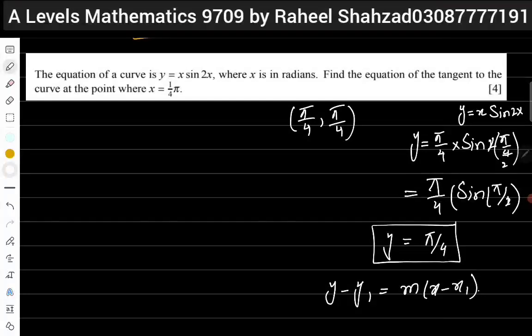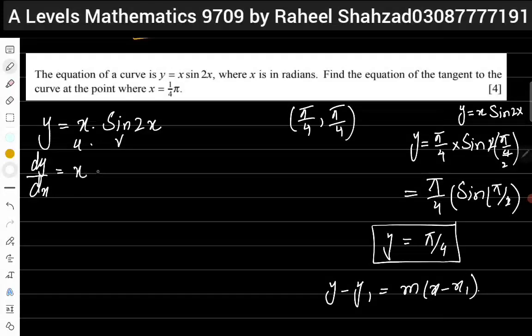Okay, so now what we do is we go back to the original curve. y is equal to x sin 2x, and we need to find dy/dx. Now dy/dx is basically the slope, so we have to apply the product rule here.